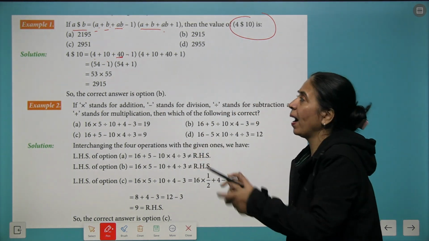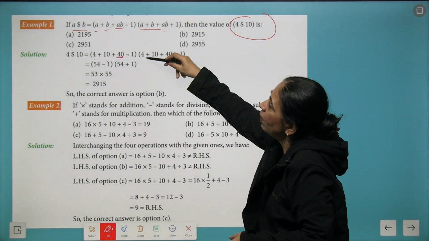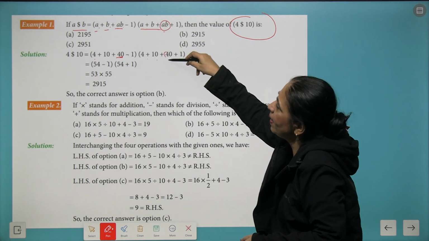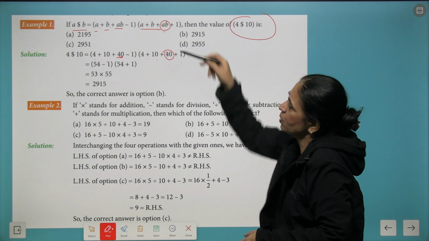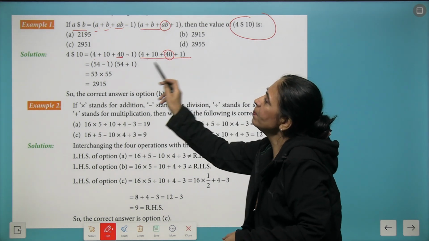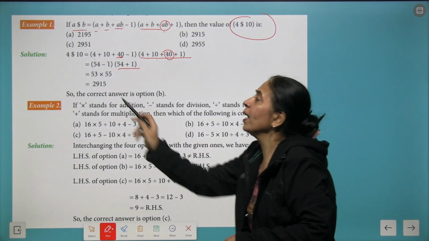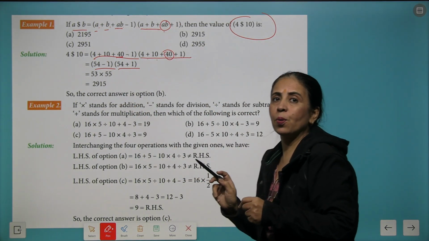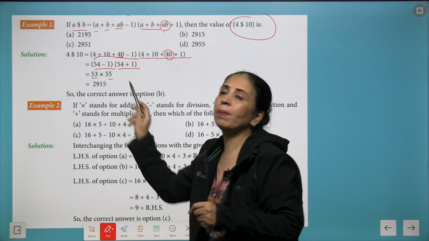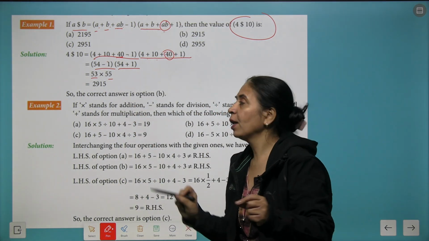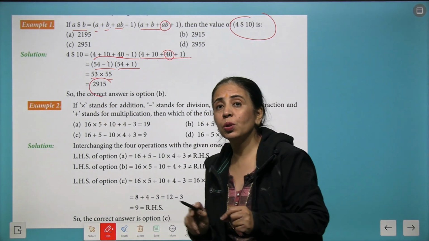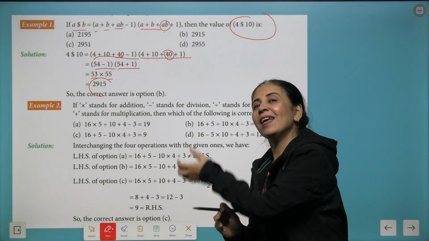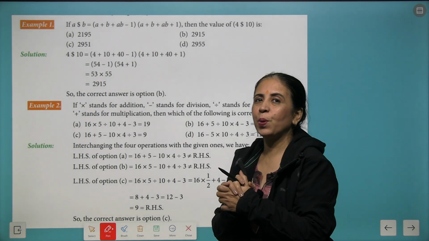It is the first bracket, and the second bracket will be 4 plus 10 and then A multiply B is again 40, plus 1. So this becomes 54 minus 1 and this becomes 54 plus 1, and you write down 53 multiply 55 and your answer becomes 2915.